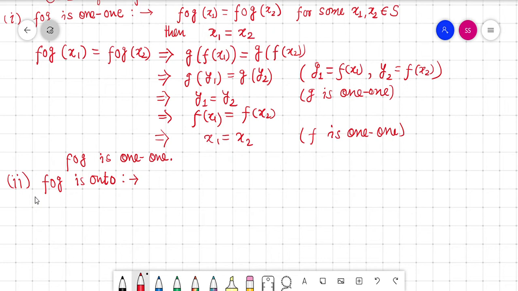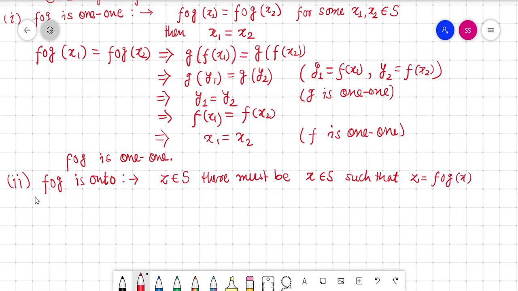We have to show that for every element of S, the set of n symbols, if z is an arbitrary element of S, then there must be some x in S such that z is equal to f composition g of x.